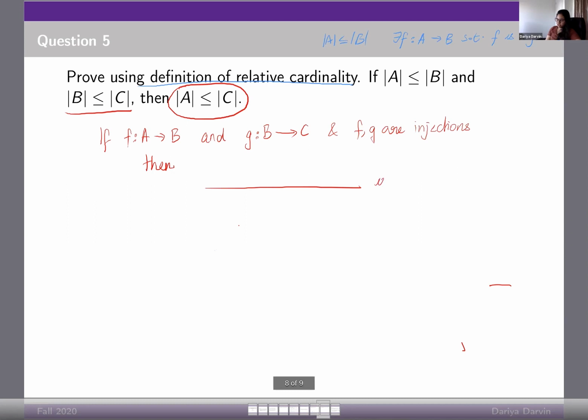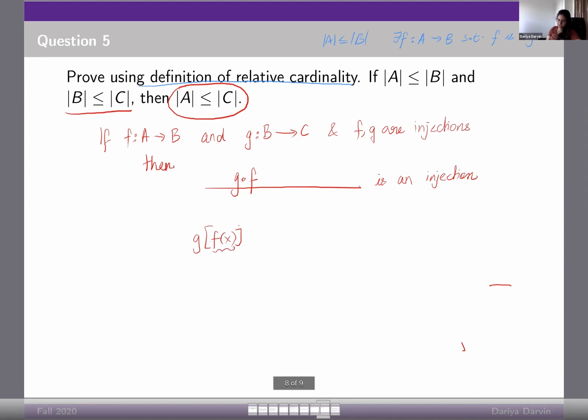What is an injection? Awesome, g of f. Okay, so remember, g of f is the same as saying g of f of x. So its domain will depend on f.